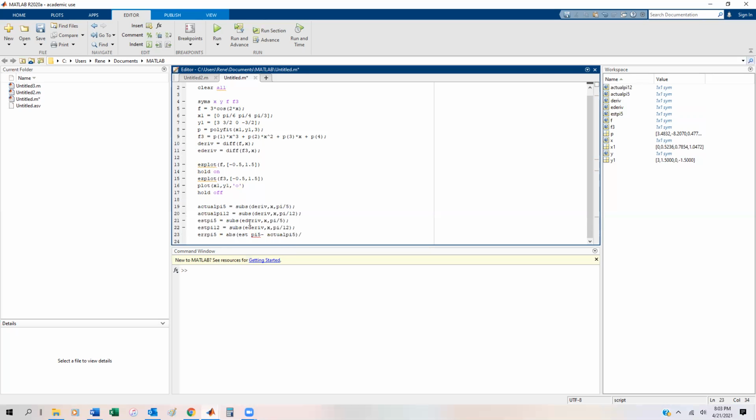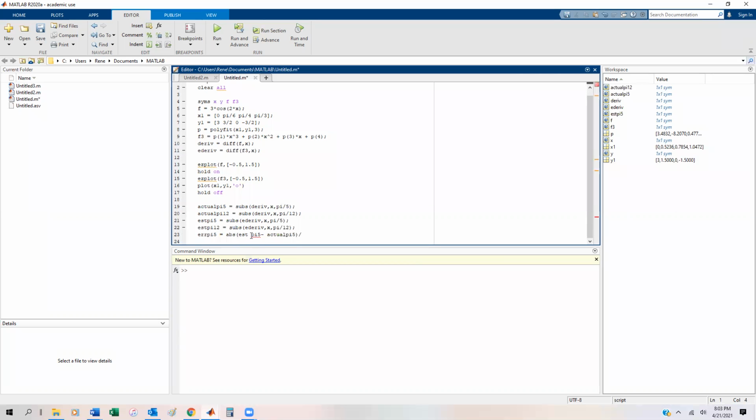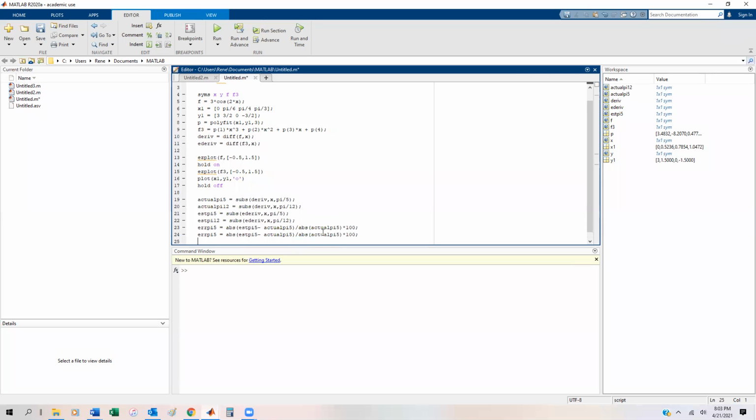And we're going to divide that by actual pi 5. I guess I should use an absolute value just in case, because I don't know what's going to go on there, and multiply it by 100 to get the percent error. And let's do the same thing for the 12. I'm just going to change all these to 12s, make it nice and easy for us.